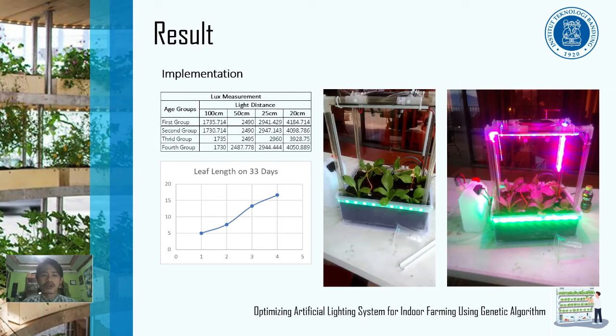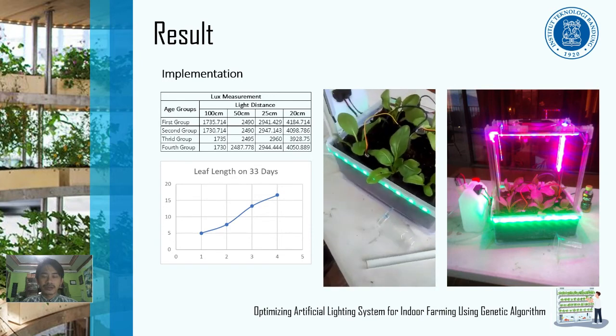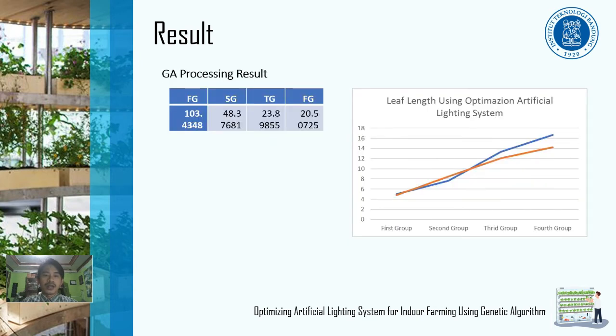The plant is growing normally when I use the best optimizing configuration. After the genetic algorithm processing, the results optimized the configuration of the height of the lighting system.